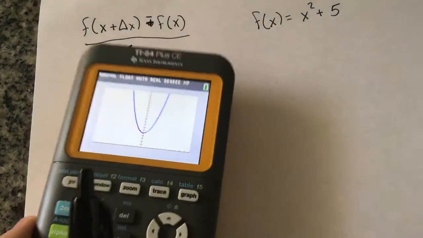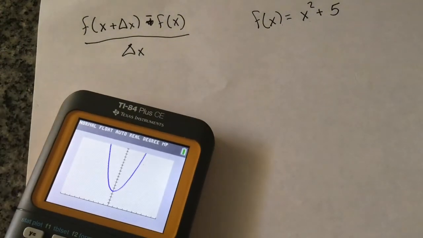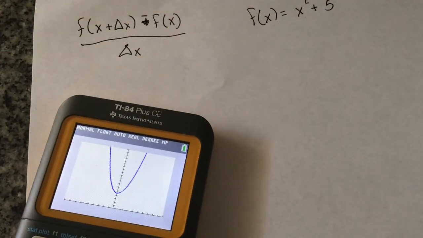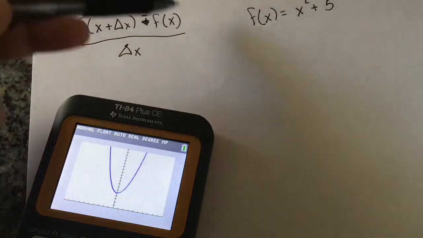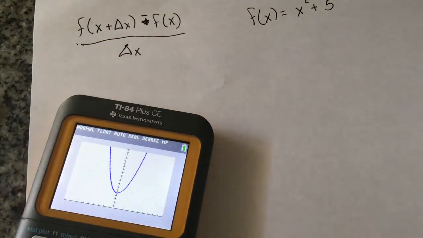Now we said that if we wanted to find the slope of any point on this parabola, then what we would do is we would have to utilize this equation. This was the slope equation we created yesterday.